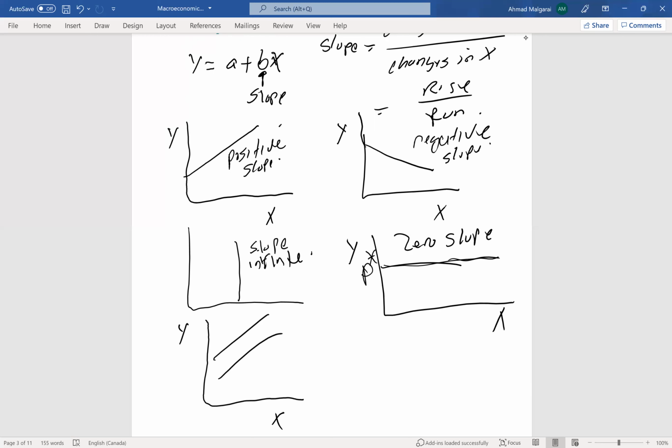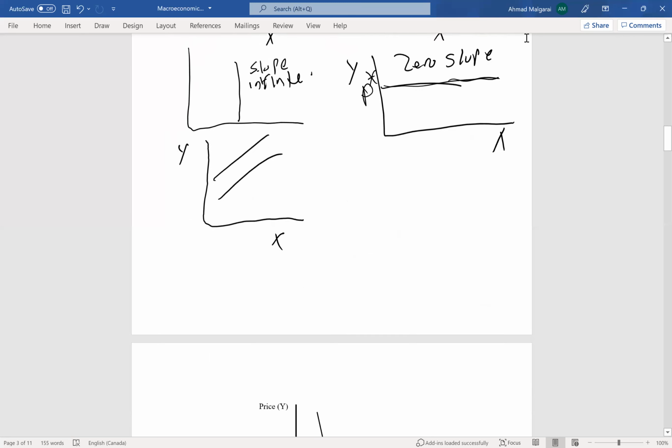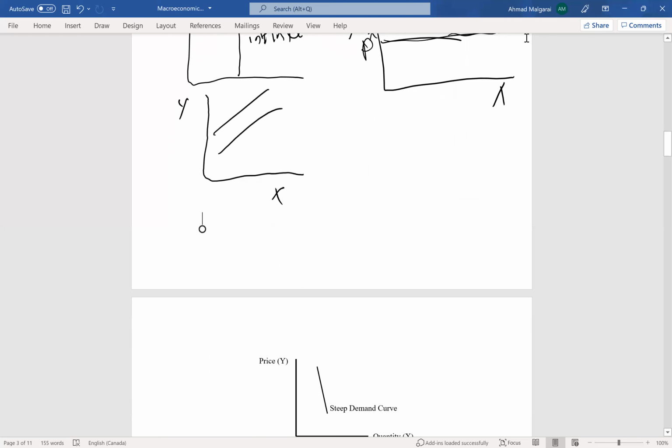We can also talk about supply, which might be represented by a linear supply function, such as Qs equals a plus b times P. Here Qs represents supply, and P is the price.